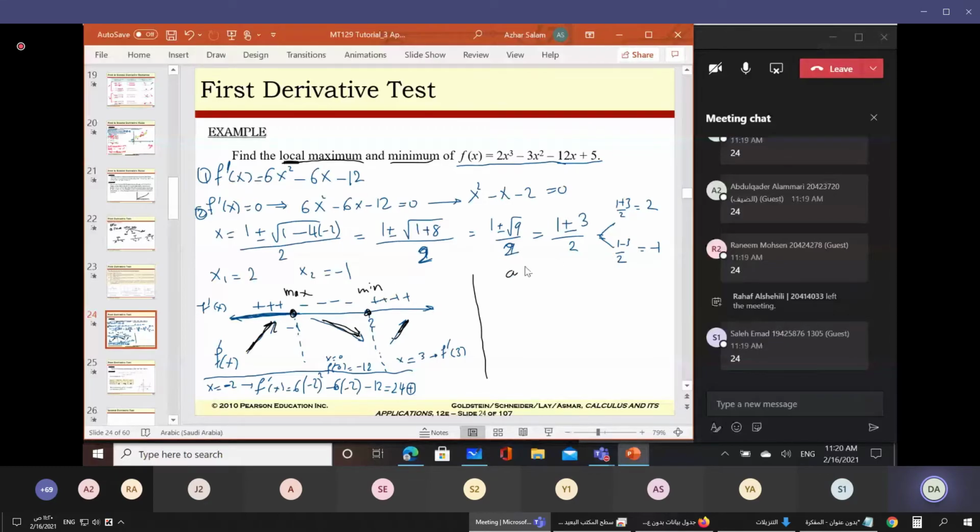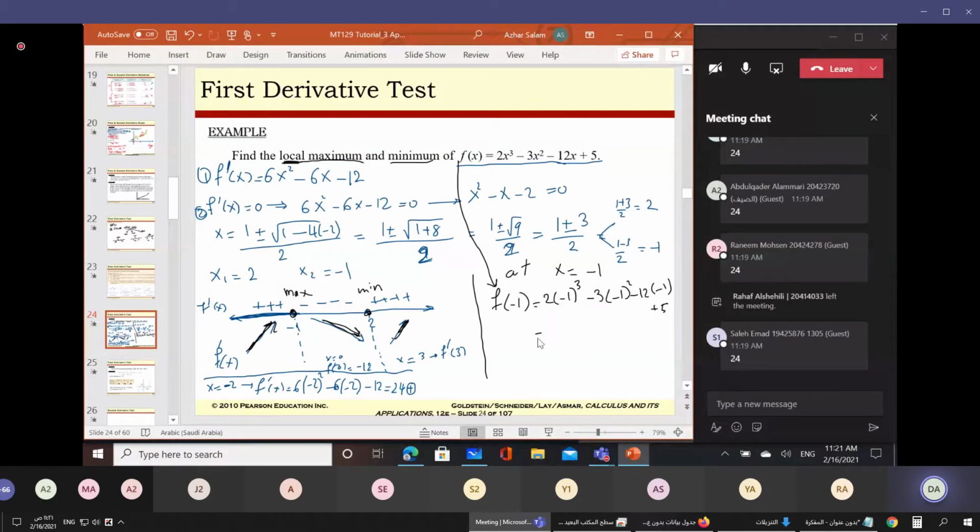So at x equal to minus 1, f of minus 1, the purpose here is to find the y-coordinate. I will find the y component to indicate the point. f of minus 1 equals, where do I substitute? I will substitute in the main function. It will be 2 multiplied by minus 1 to the power 3, minus 3 times minus 1 squared, minus 12 times minus 1, plus 5.